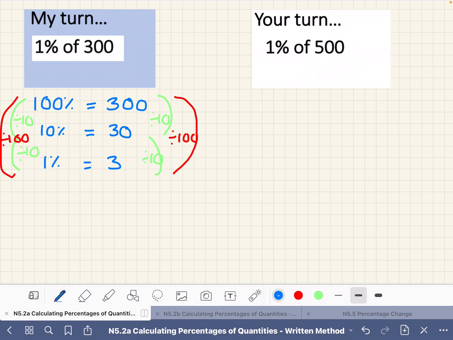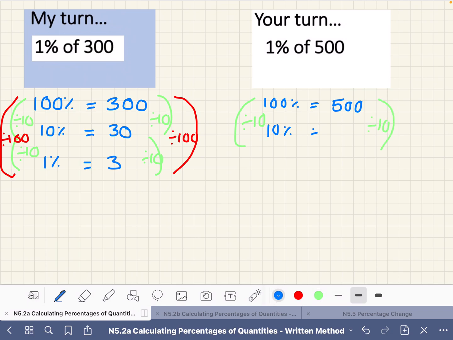Okay, so we have 1% of 500. 100% is equal to 500. Our key percentage is 10%. We calculate 10% by dividing 100 by 10, and therefore dividing 500 by 10.